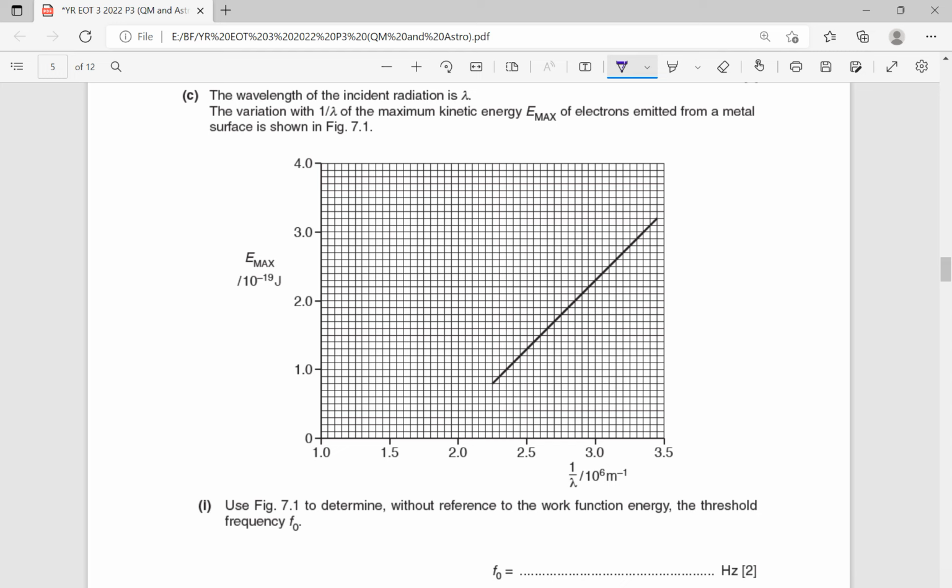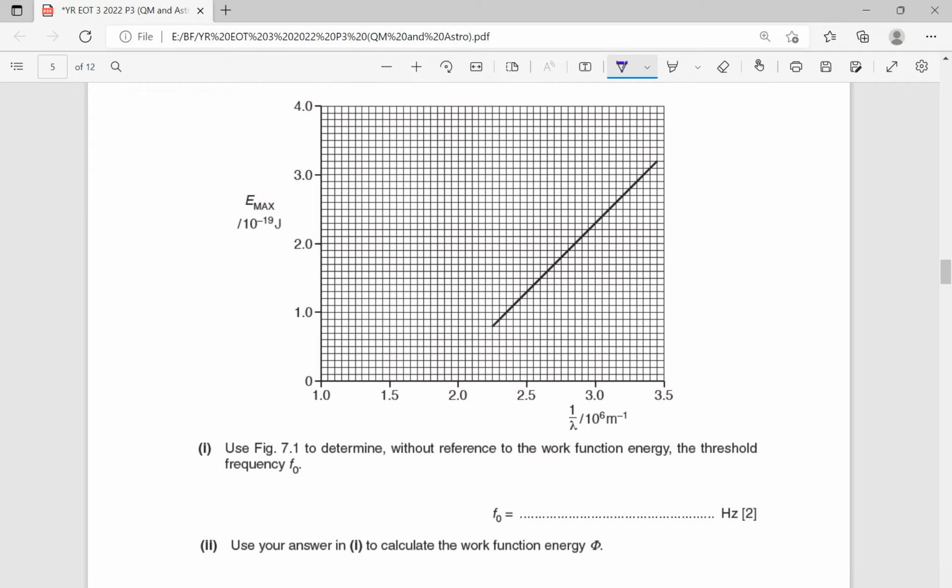Next, the wavelength of the incident radiation is lambda. The variation with 1 over lambda of the maximum kinetic energy, Emax, of electrons emitted from a metal surface is shown in the figure. So we can see our figure here. Use the figure to determine, without reference to the work function energy, the threshold frequency f0.